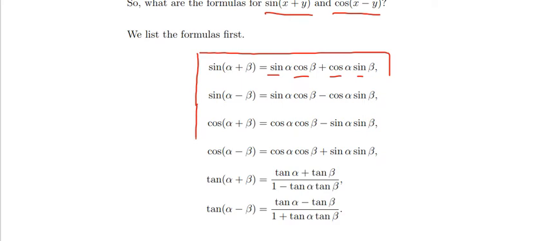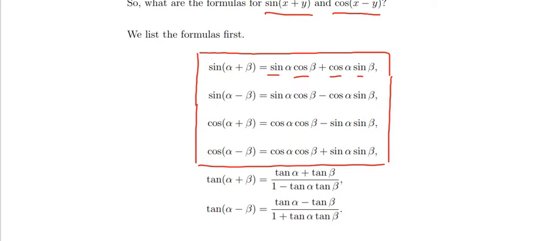And cosine of alpha plus beta equals cosine cosine minus sine sine. So cosine of alpha minus beta equals cosine cosine plus sine sine. Okay? So once we have sine's formula, we can get all the others, right?